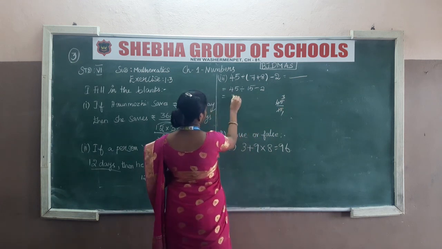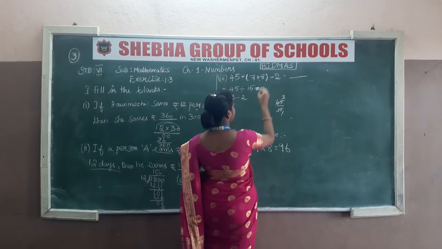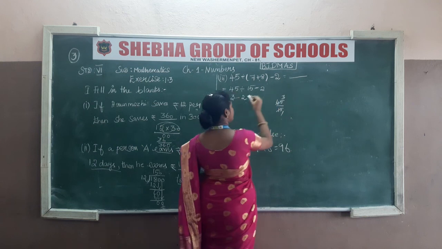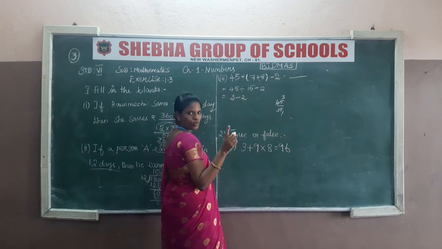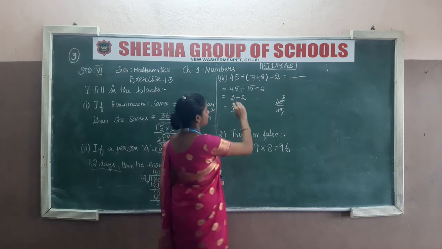So 3, then minus 2. Any multiplications? No. Any additions? No. Subtractions? Yes, only one subtraction is there. So the value is 1. Okay, so the answer is 1.